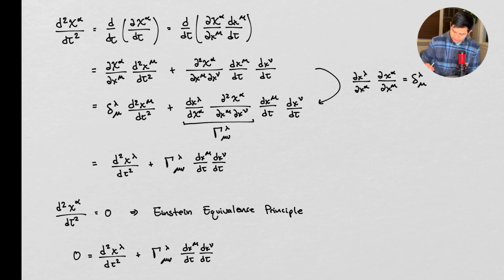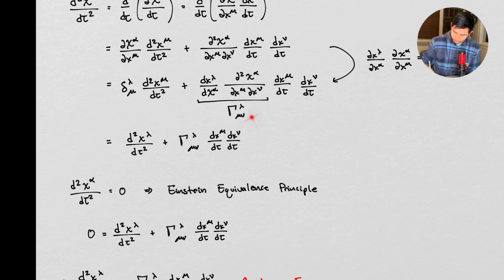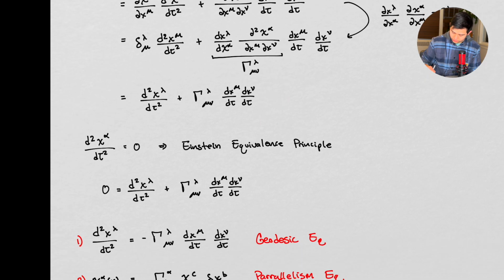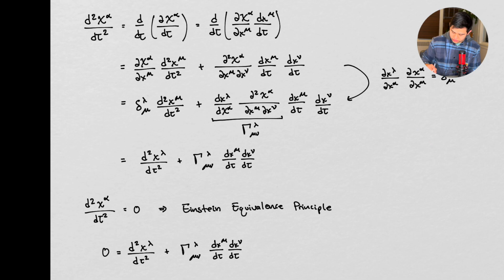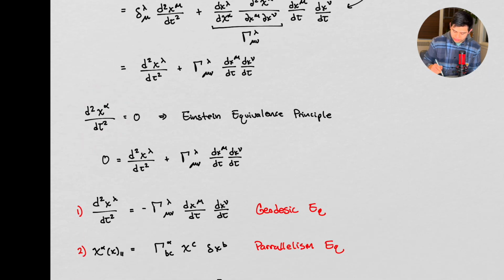But the idea again is, okay, if we're going to define this as the connection, so now we have this. If we say that the second derivative is equal to 0, well, this is the Einstein equivalence principle.